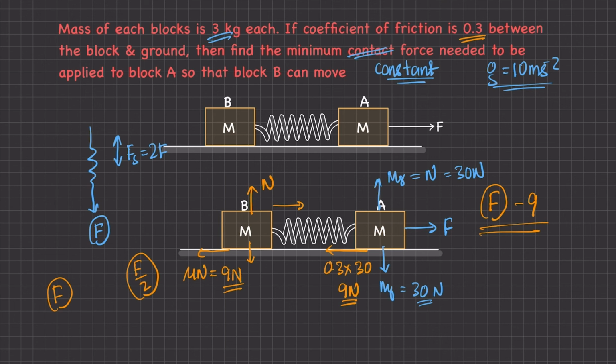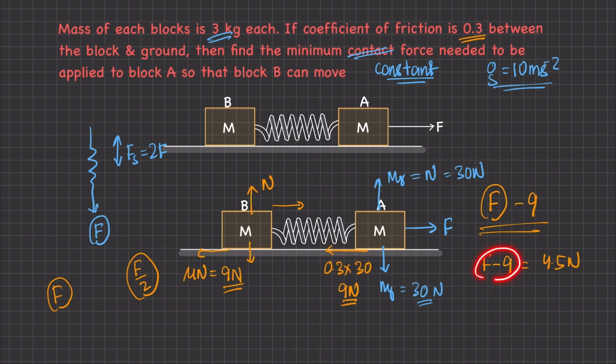That means the external force which is F minus 9 here must be equal to 4.5 Newton, because we are finding the minimum possible external force. F is the total external force, but on the spring the external force that is acting is F minus 9, because the 9 part goes to the friction on the first block.